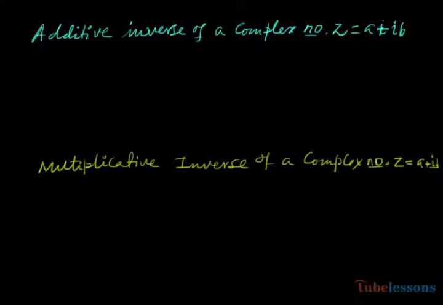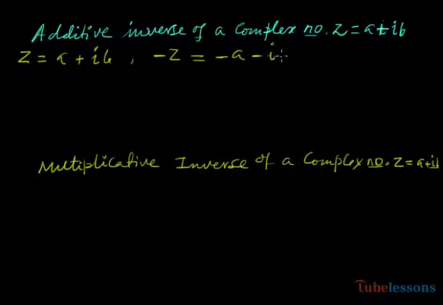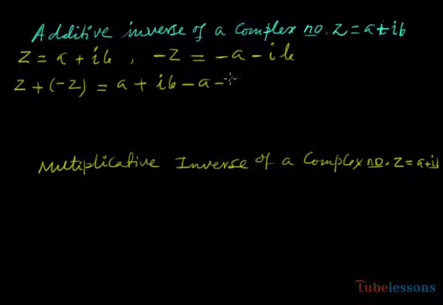Now, the additive inverse of a complex number. Z is equal to a plus ib. And if we introduce minus Z, it is equal to minus a minus ib. Now if you add Z plus minus Z, we obtain a plus ib, then minus a minus ib.